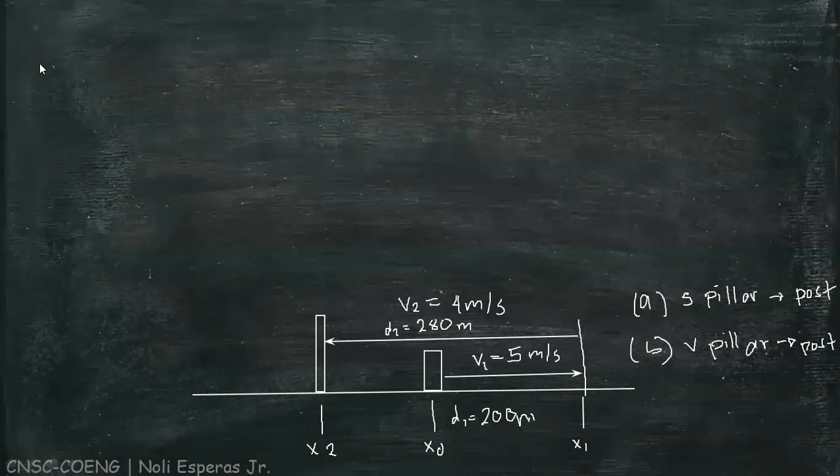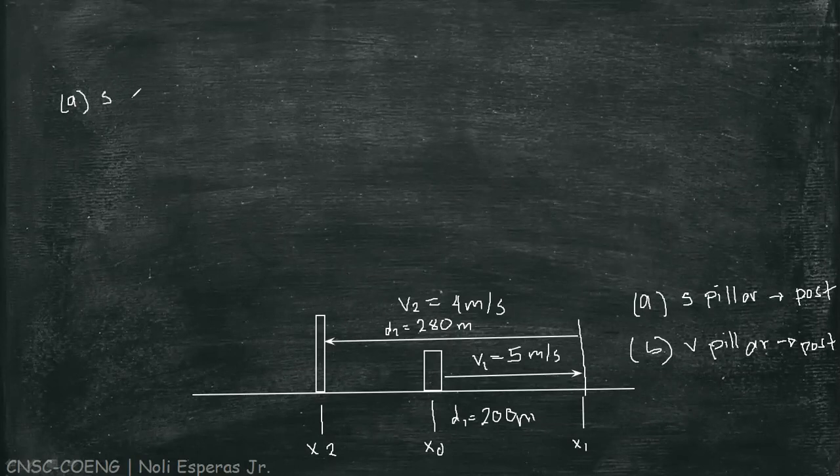Okay, so let's solve our problem. First problem, the average speed from pillar to post.